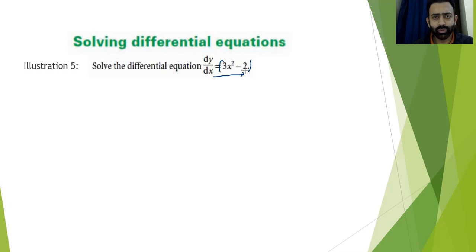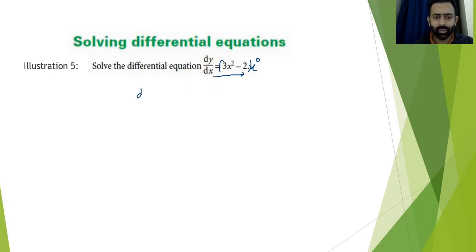There is no issue: I can write it as 2 times x raised to power 0, so this constant can be integrated with respect to either y or x. But I cannot transfer this minus 2 to the LHS, because then you cannot associate the 2 with the variable dy or dx. So let us keep 3x squared minus 2 on the right hand side only, and just transfer this dx to the RHS.